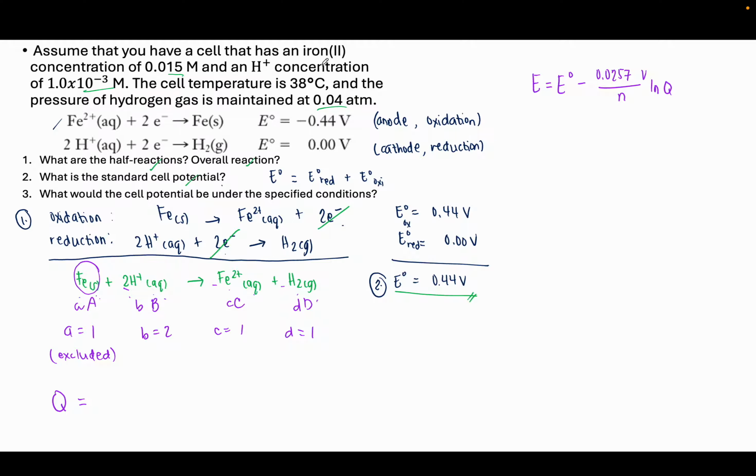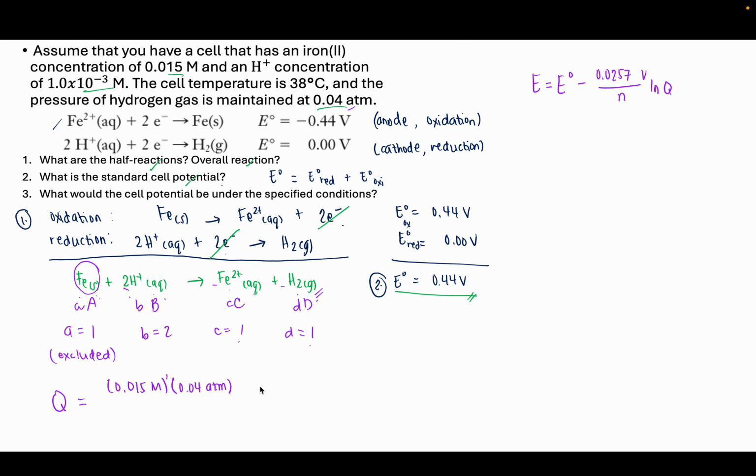Sorry, this is iron 2. So the concentration of C is 0.015 molar times partial pressure. Since this is a gas, we're given a partial pressure of 0.04 atmosphere. Now, in terms of exponent, C is 1, D is 1.